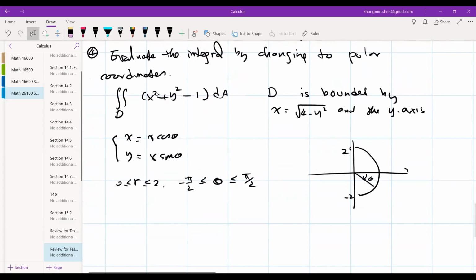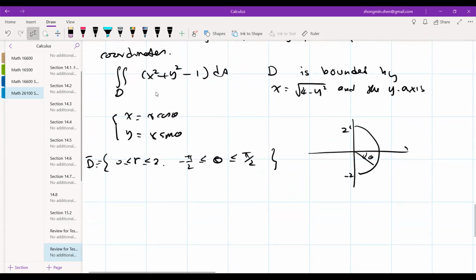Now if you use this substitution, this is the domain for D bar, right? So this is a domain in the polar coordinate system. So this double integral is going to be a double integral on the r theta plane. Here x squared plus y squared is just r squared.